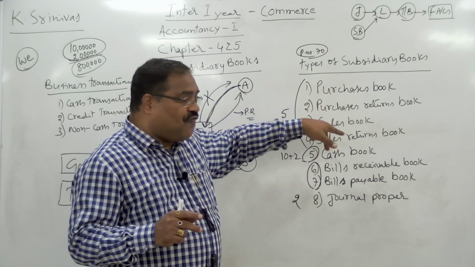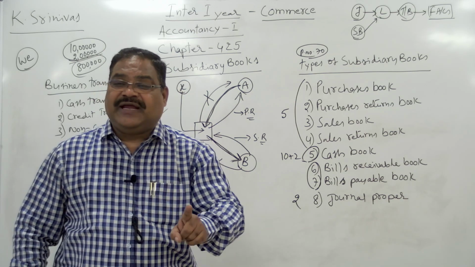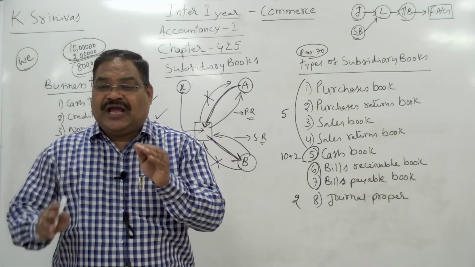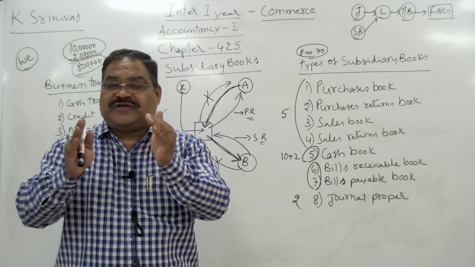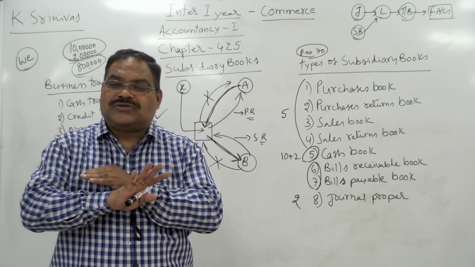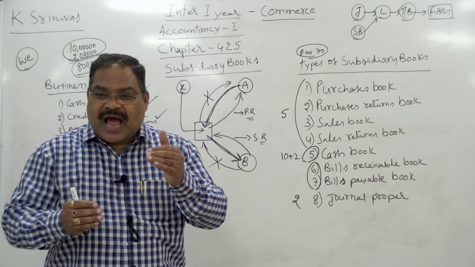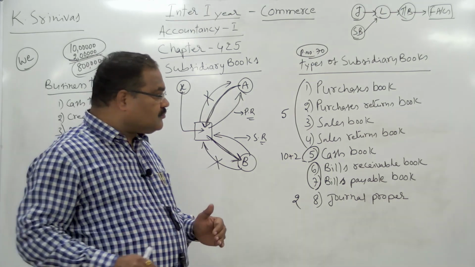Out of these 4 books, you will get one problem compulsorily every year for 5 marks. If you are able to remember these points which I am explaining now, I am sure you will not lose a single mark. Because of that, again and again, I am trying to explain to you.